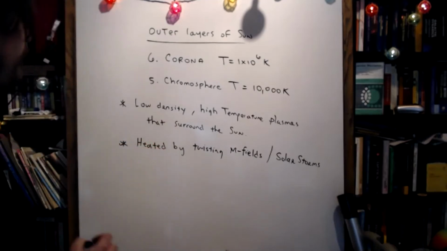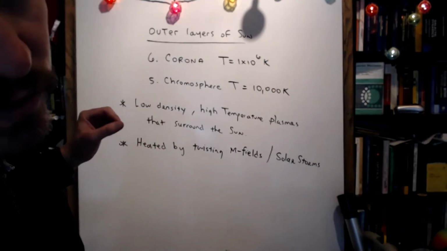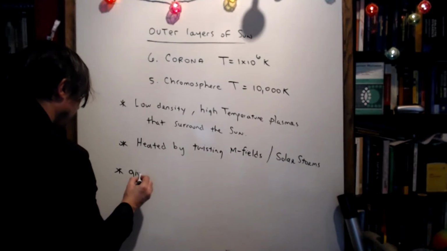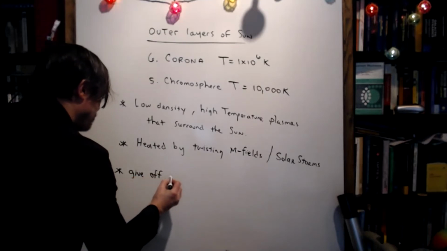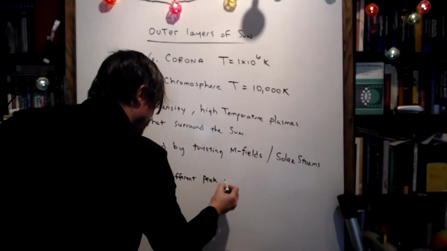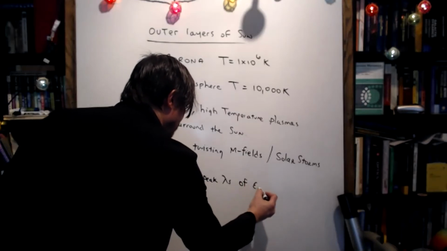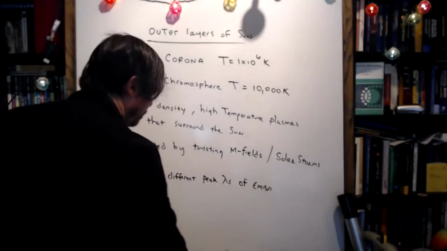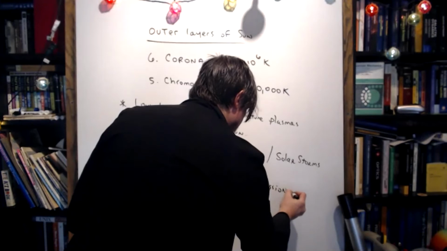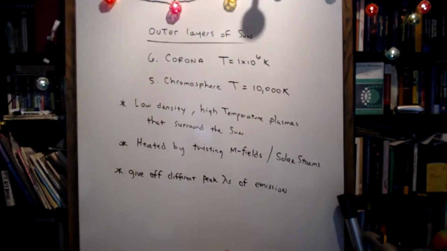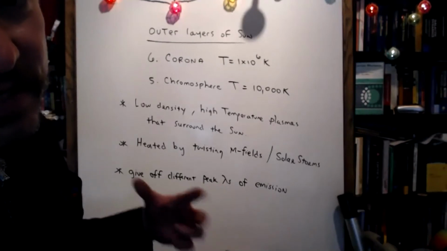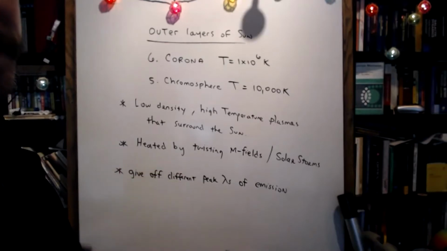Here's a key idea. These two layers radiate at different principal wavelengths. They give off different peak wavelengths of emission. Do you guys remember the formula that lets you calculate the peak wavelength of emission based on the temperature of a material?